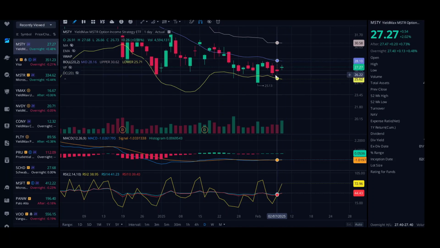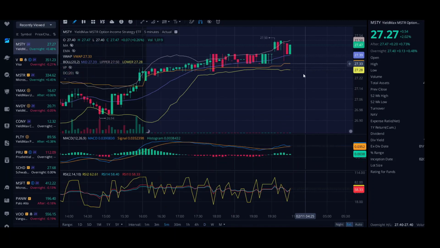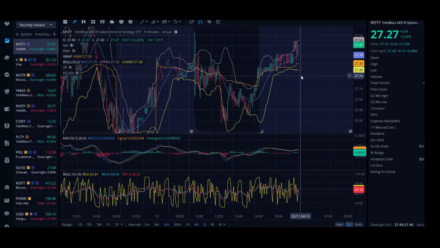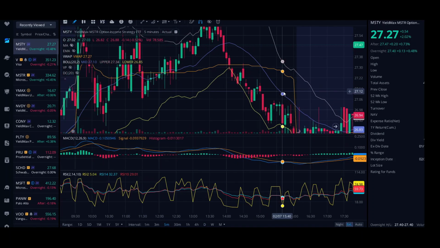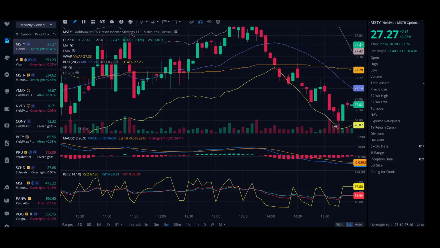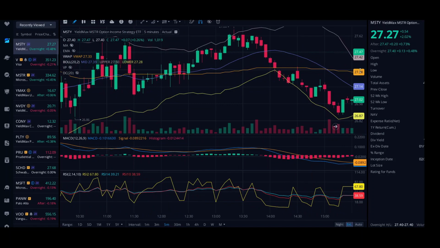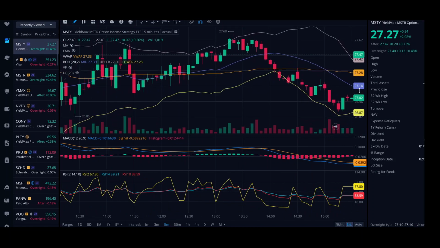On Friday, which is this little red candle here, it was going up and down during the day, of course, and we can look at the 5-minute chart on that one to give a better idea of what I mean. So this is the Friday chart here, and let me zoom out a little bit so we can get it all on the screen.